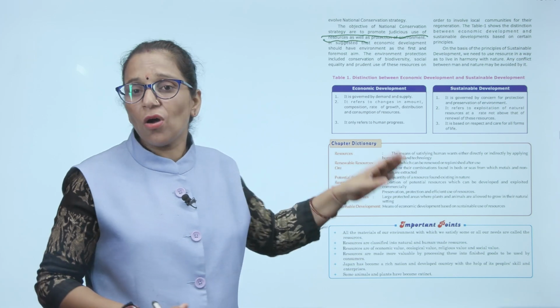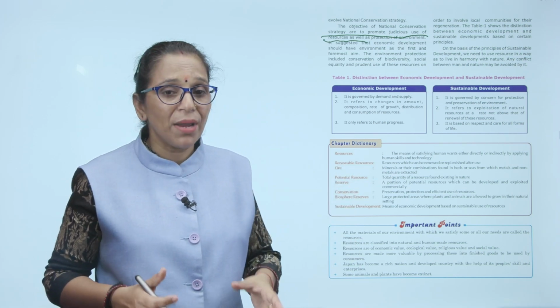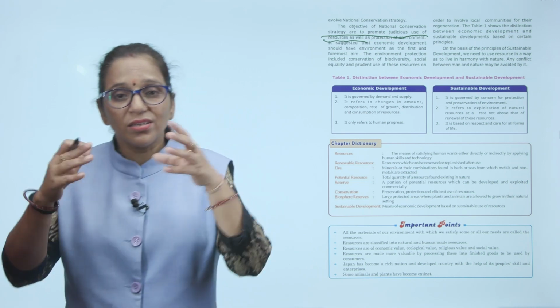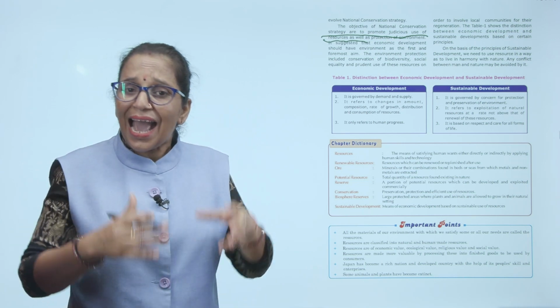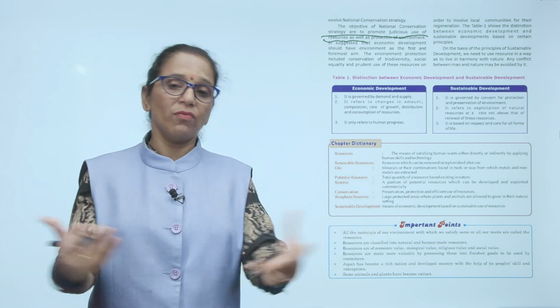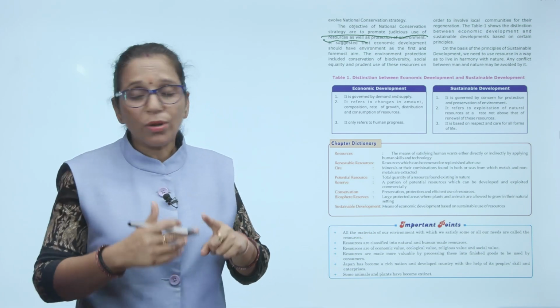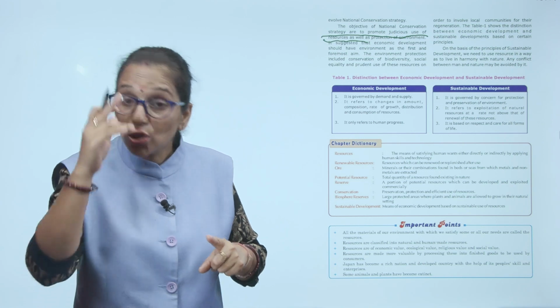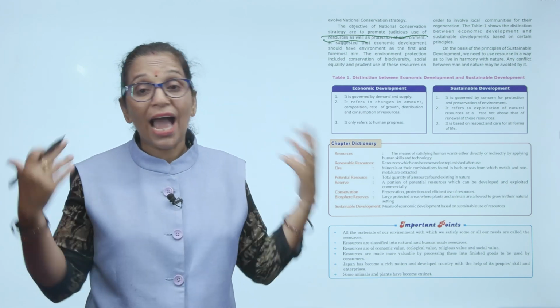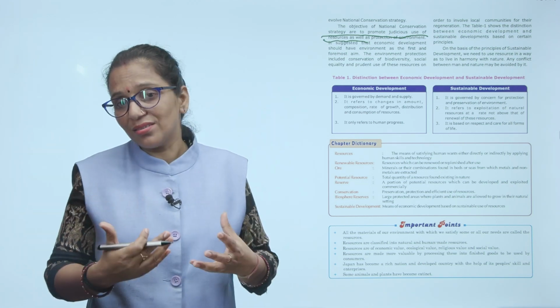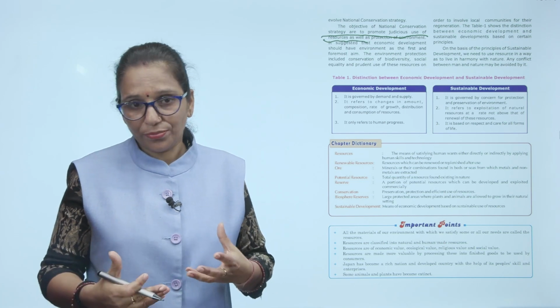So on the basis of the principle of sustainable development, we need to use the resources in a way as to live in peace and harmony with nature. Any conflict between man and nature will be disastrous. It should be avoided, otherwise we have to face many disasters in the future.